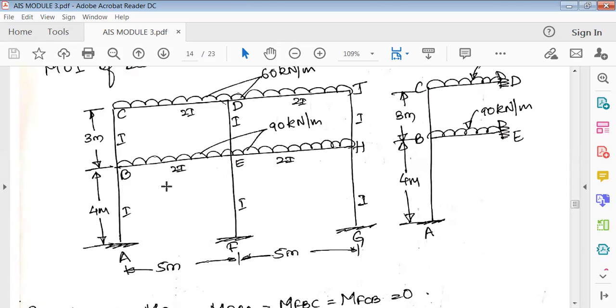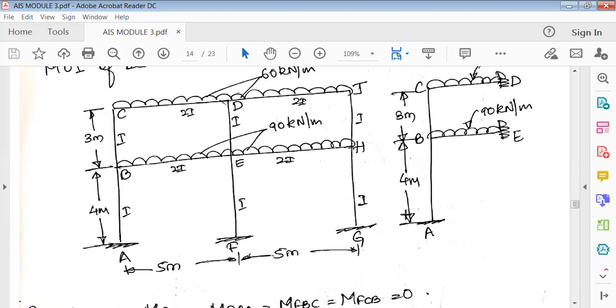These are called stories. This is the first story, this is the second story. If I add one more frame here, it will be the third story. As you go on increasing the height, those become the stories. As you go vertically, they become stories.